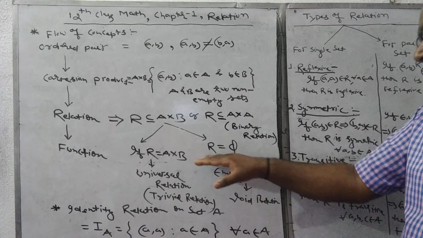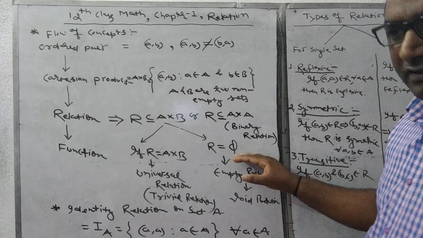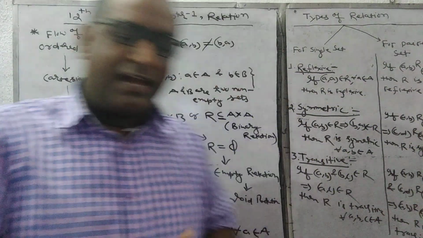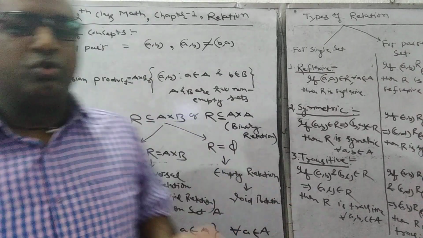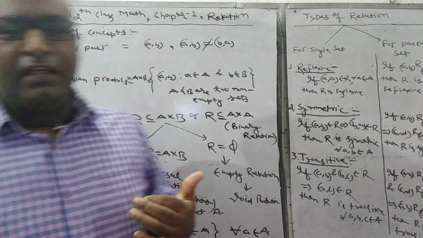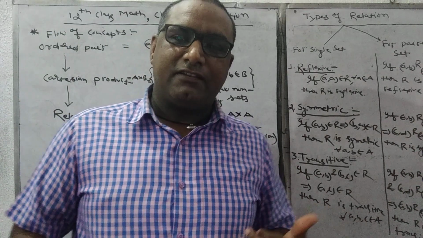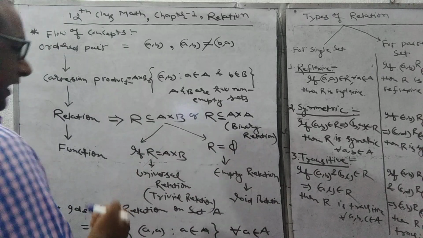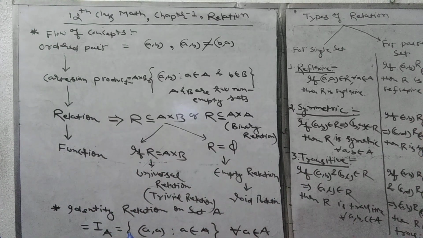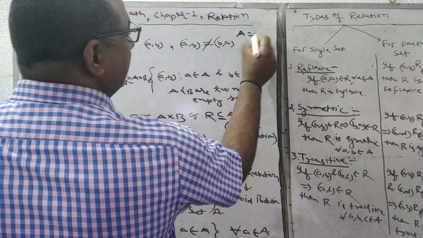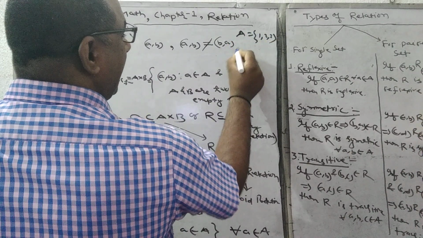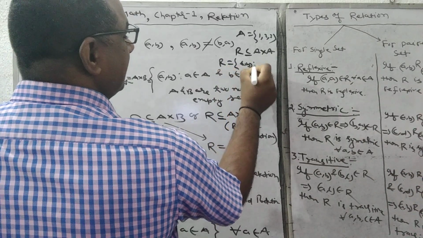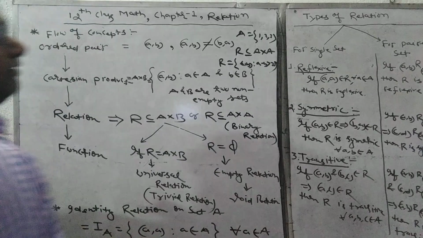And if R is equal to completely phi, the empty set, like if I say R is defined on the set A equals {1, 2, 3}, and I am asking for (a, b) such that a minus b is greater than 20, is it possible? What I am saying is that A equals {1, 2, 3}, R is a subset of A cross A, and I am taking (a, b) in A cross A such that a minus b is greater than 20.